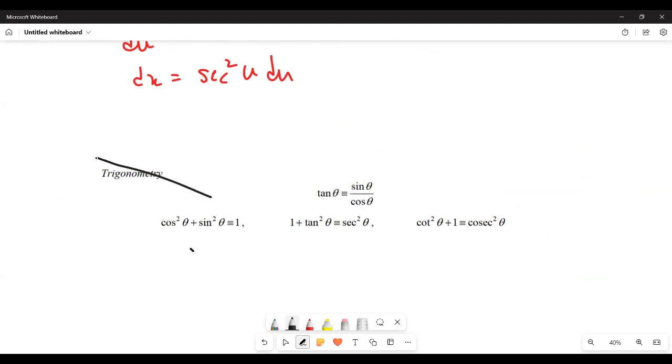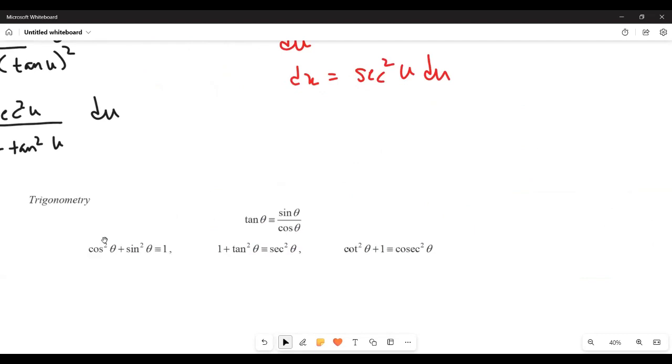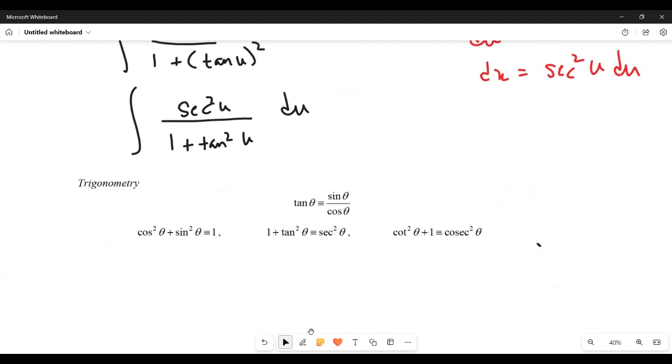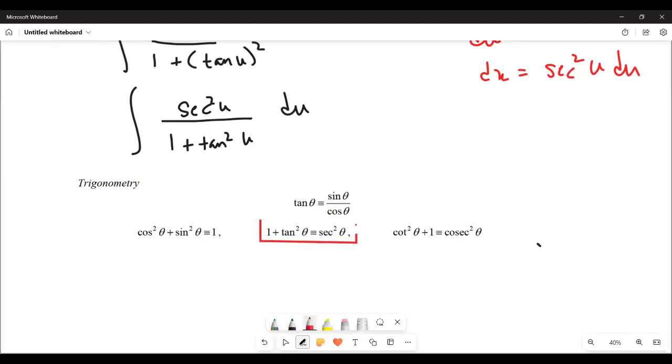So look at this. Secant square u is equal to 1 plus tan square u. So if you apply that here, the numerator and denominator are actually the same. So they cancel out and you're left with 1.